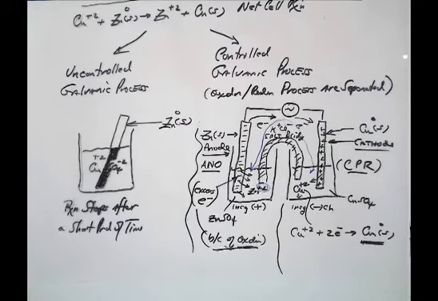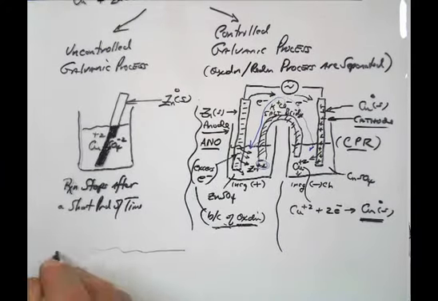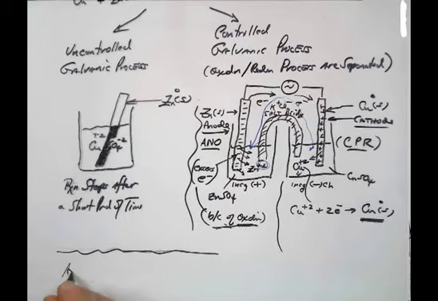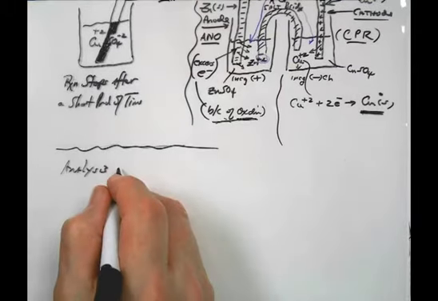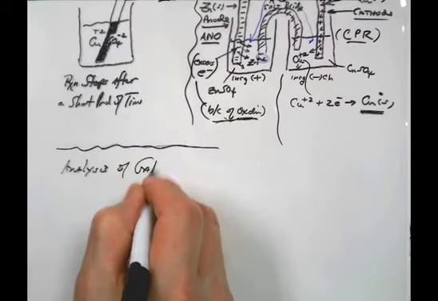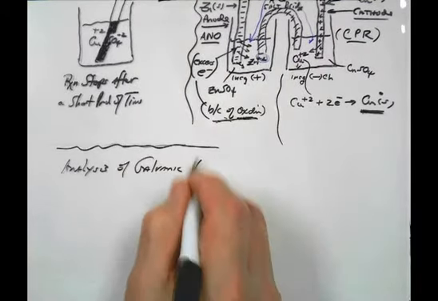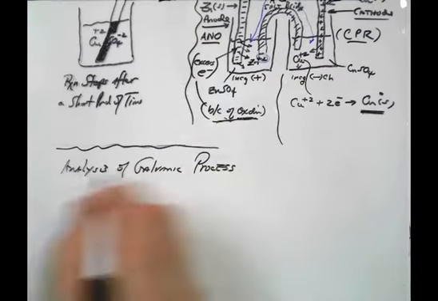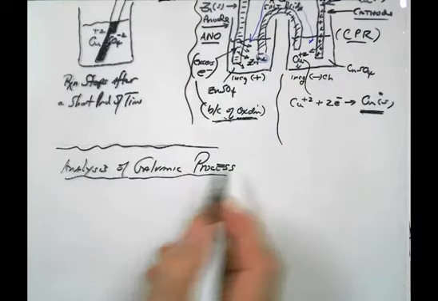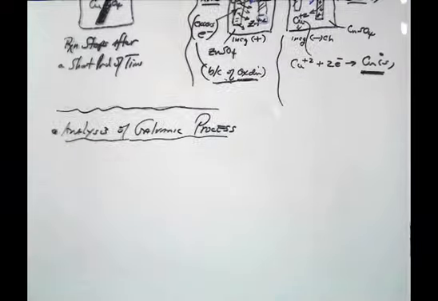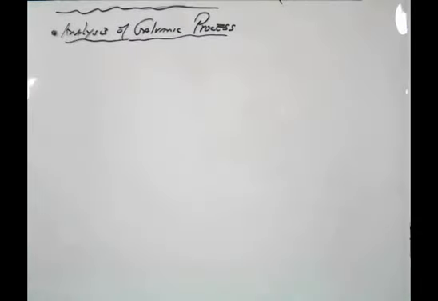Okay. Now we want to get into the analytical issues, analysis of galvanic process. Now for this, you will need your table of reduction potentials. We're going to pick the two. Notice all of the reactions that are listed as reduction reactions.